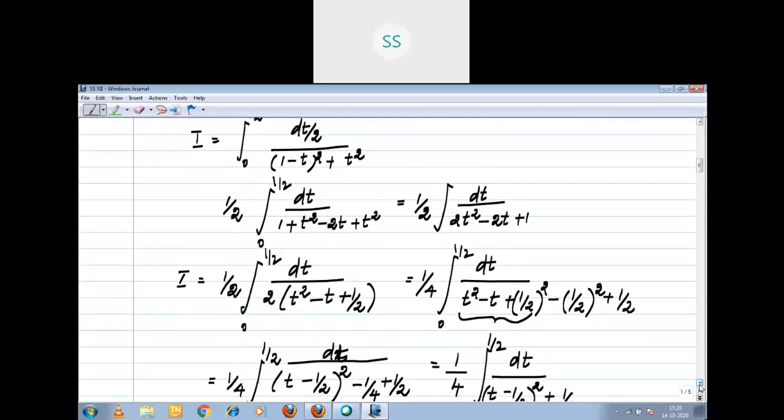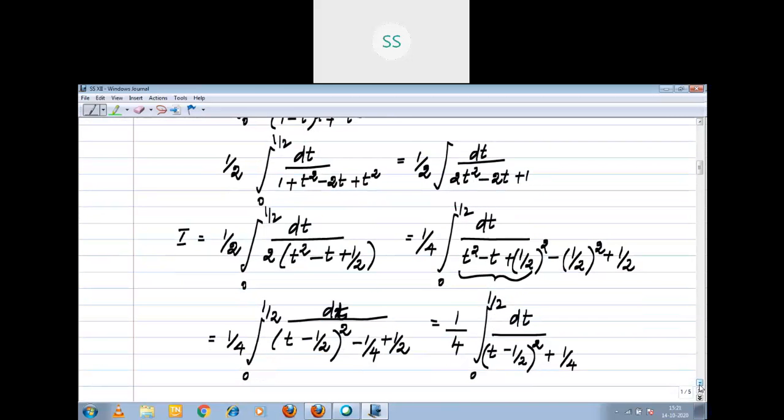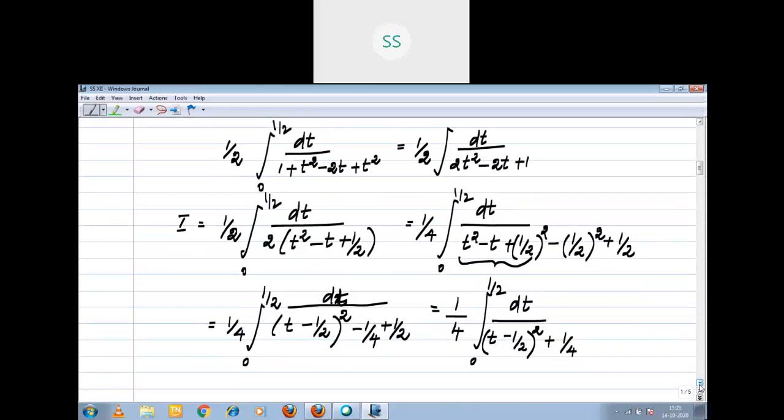Once I adopt substitution, I should change the limit also. So the limit is 0 to 1/2. Now the sin²x can be replaced by t. I applied (a − b) the whole square identity and I expanded the format. Then in the new denominator I took 2 as common. Then I adopt completing the square method.